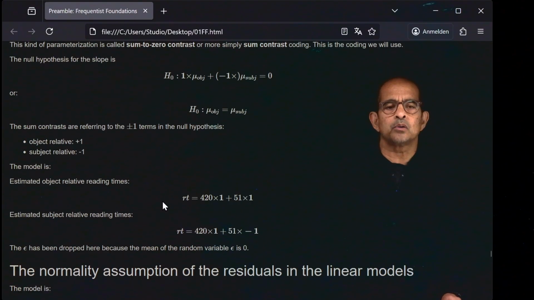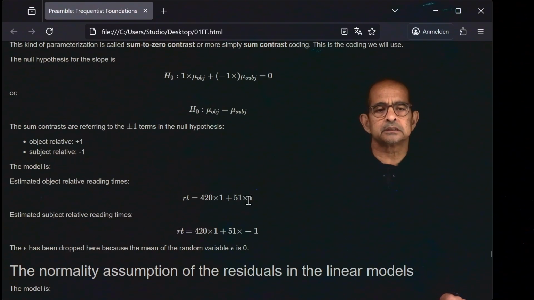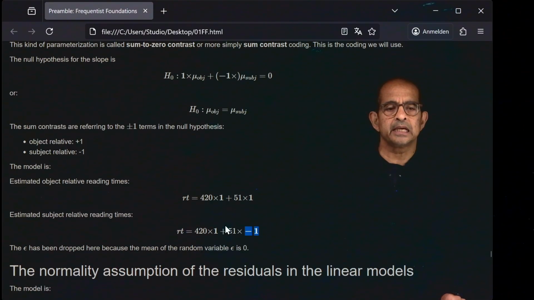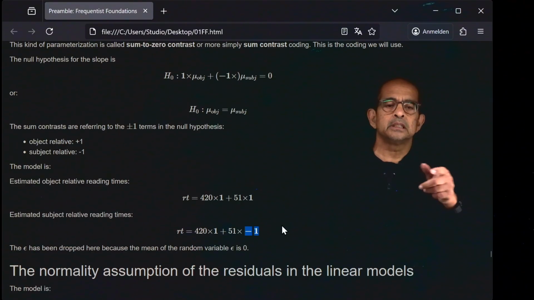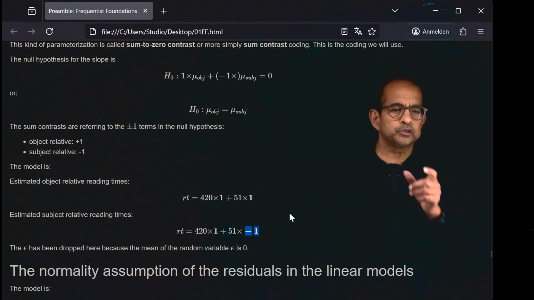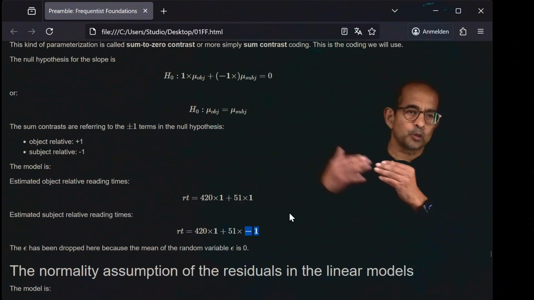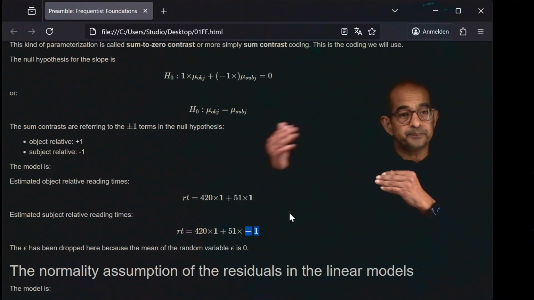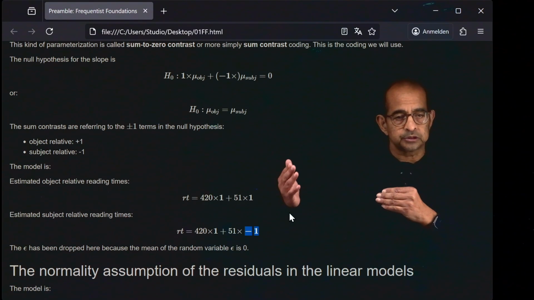You can now derive, for the condition coded as +1, the estimated reading time, like I mentioned earlier. And for the condition coded -1, you could take the intercept and slope and compute the estimated reading time for the condition coded -1. So that's how you would relate the intercept and slope to the condition means, for each of the two conditions.